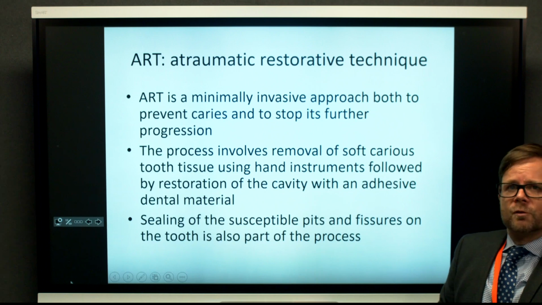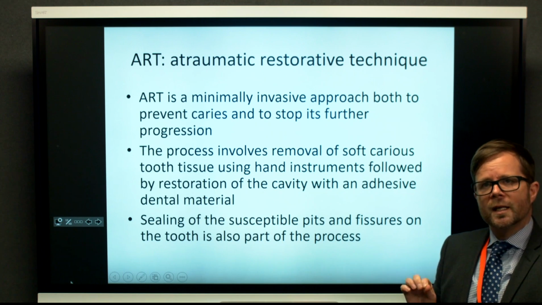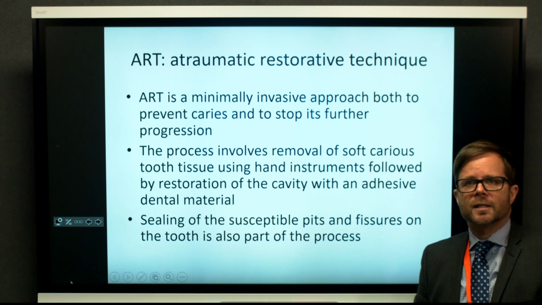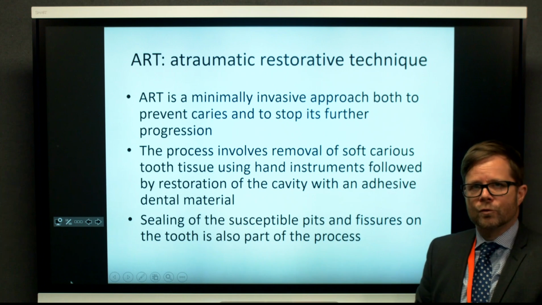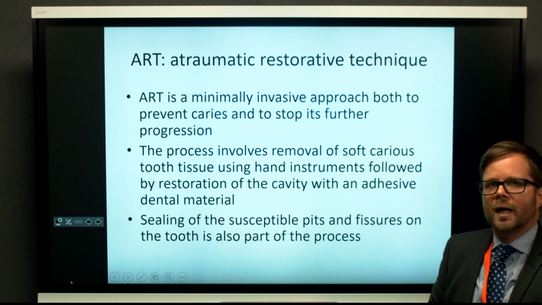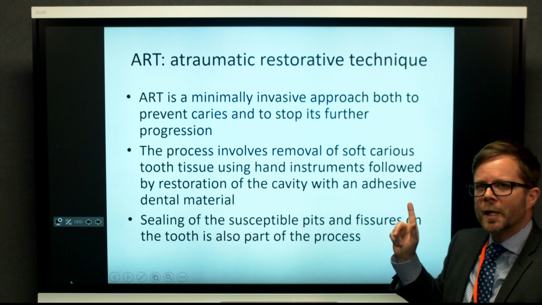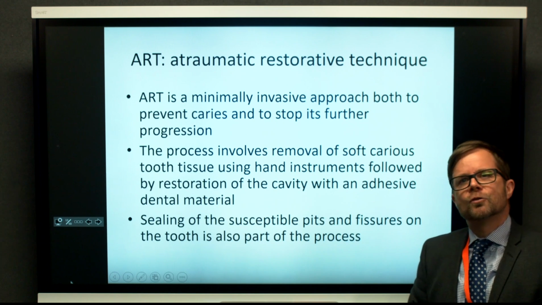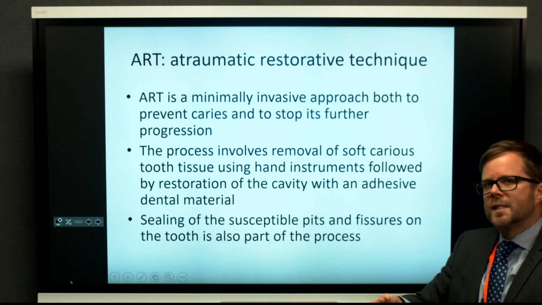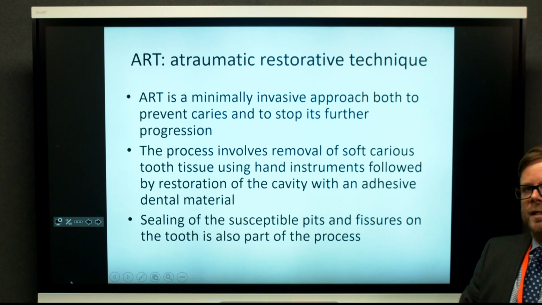The process involves the removal of soft carious tooth tissue with hand instruments only. So in its pure sense, atraumatic restorative technique does not use rotating hand instruments, the air rotor or the so-called drill. We limit you to using hand instruments, and through that process we're actually less likely to remove too much of the tooth because we're feeling more sensitively the tooth tissue as we remove it and as we approach that affected dentine.